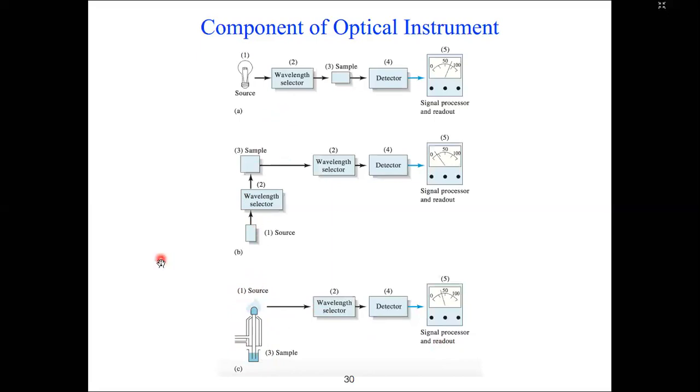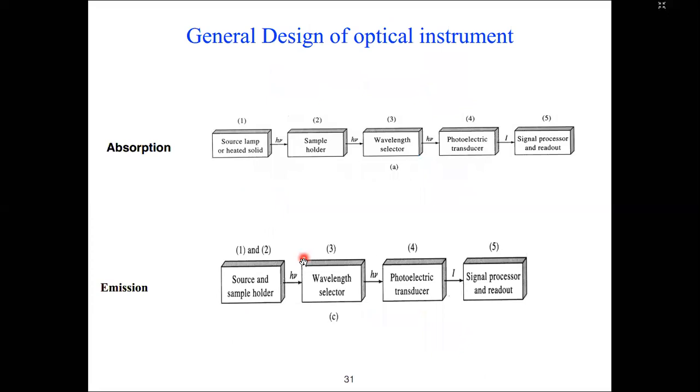Okay, now in future, whenever we discuss the specific optical instrument, you should also be able to recall these diagrams and see in which category that falls. Okay, where that falls. So in general, this is the setup for absorption instrument, and this is the setup for emission instrument.